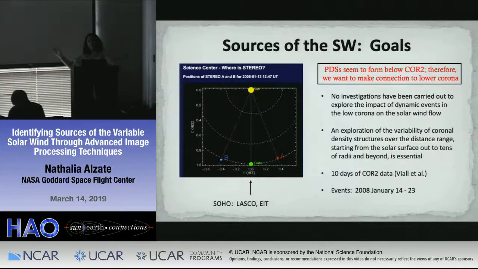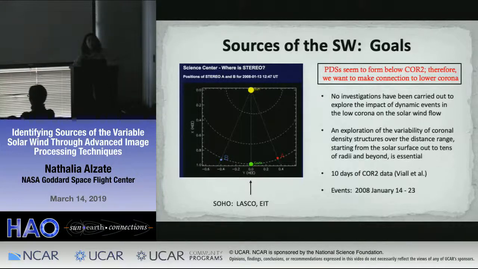Now with some of Craig DeForest's processing, it looks like they found them. We don't have enough to publish, but we think they're there. The point is, one of the many points is, we understand the fast solar wind.